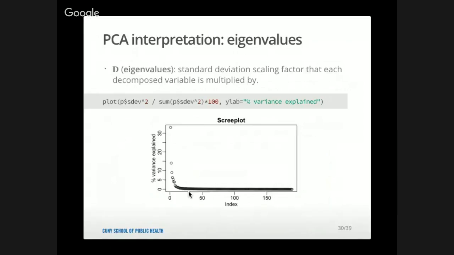We could reduce these 22,000 variables down to about 25, and from them, by performing this multiplication of the three matrices, you could reconstruct all of those gene expression measurements quite accurately.